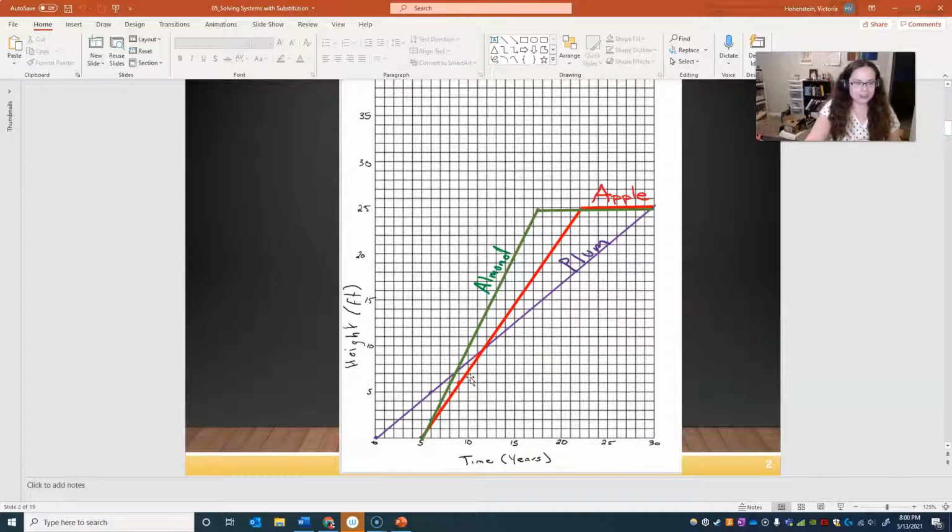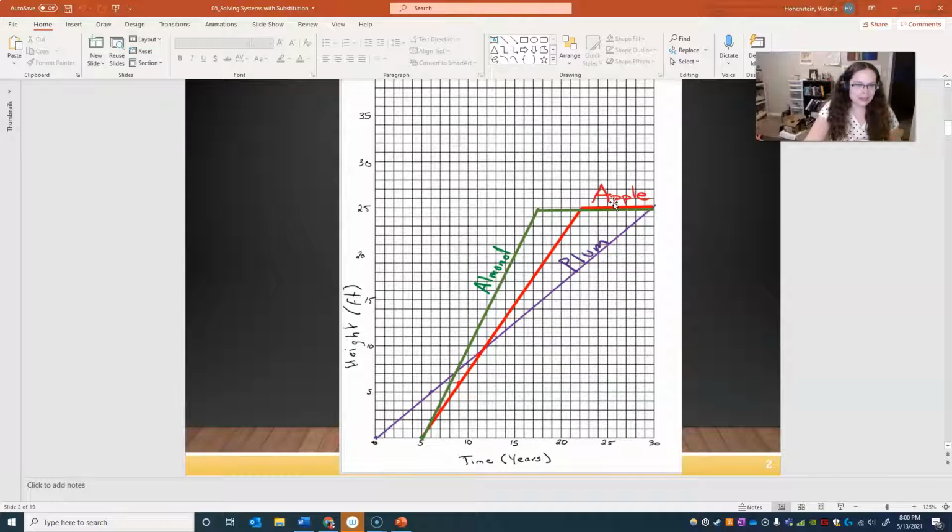Then for my plum tree, I have a point at 0, 0, and then my slope is 5/6, so I go up 5 and over 6. Plot another point, do that again, up 5 to 10, over 6, which is going to take me to 12. Plot another point, and then connect those with the line.